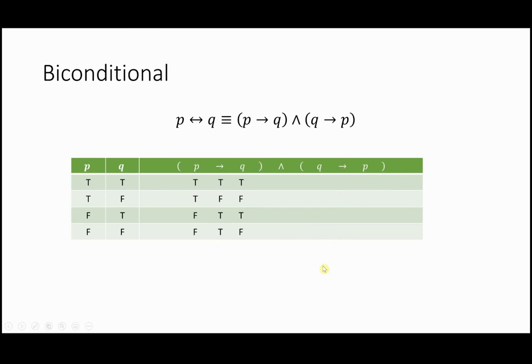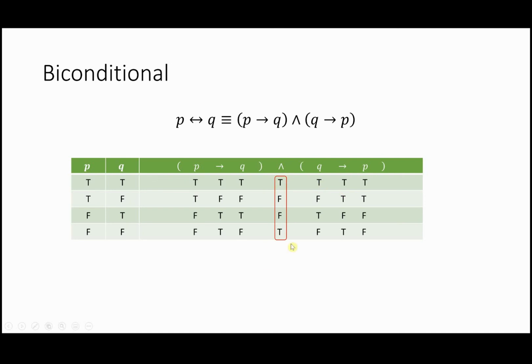And then the converse will be T, T, F, T from top to bottom. Now do the conjunction for those. We want to focus on these conditional columns here and figure out the conjunction. Basically you have to have both true to be true. So that'll be your final answer there.